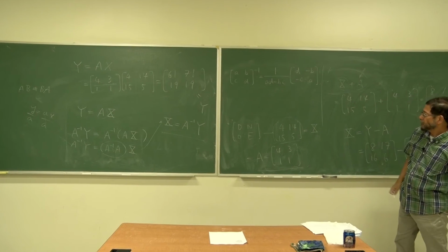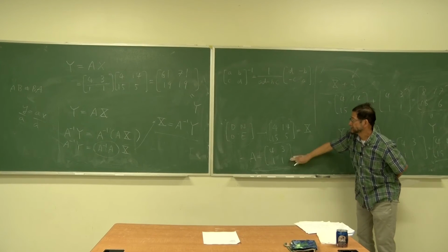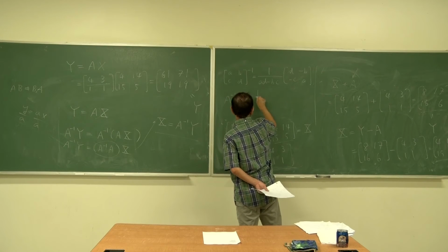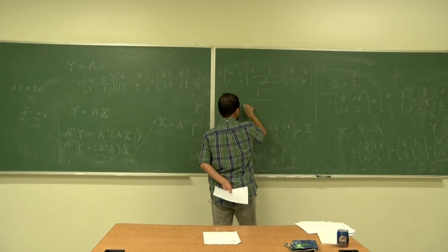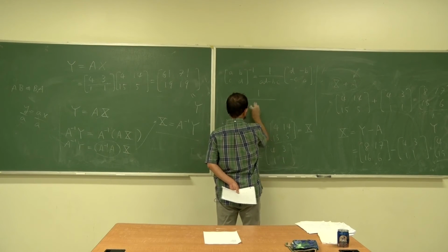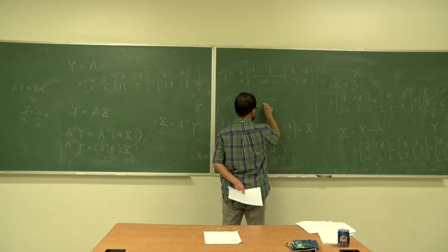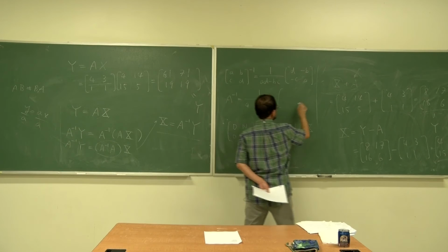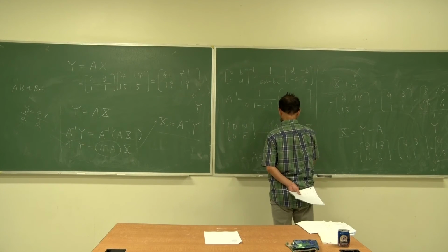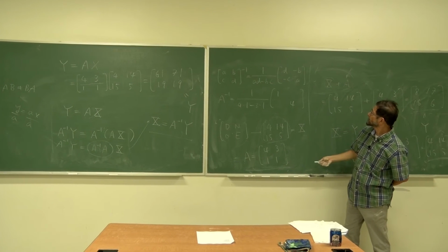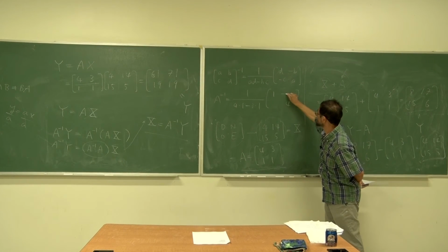Okay, so applying this formula, now you can compute A inverse first, which is 1 over 4 times 1 minus 3 times 1. Then d and a, so you switch these two, and then negative b, negative c means you just put a negative sign to that.